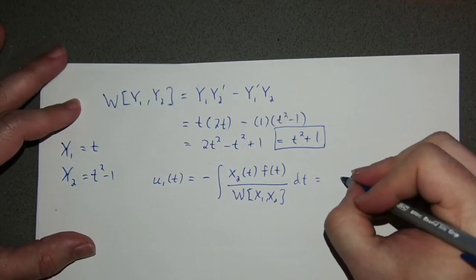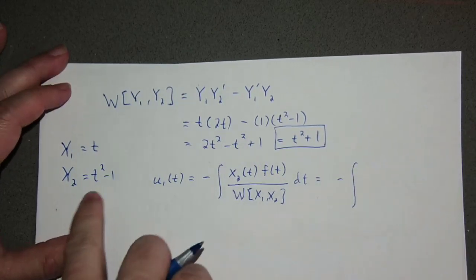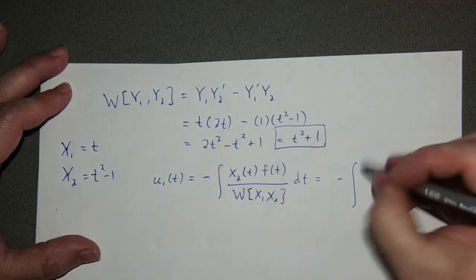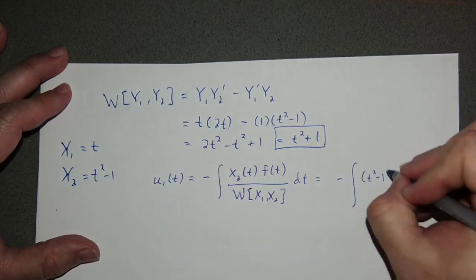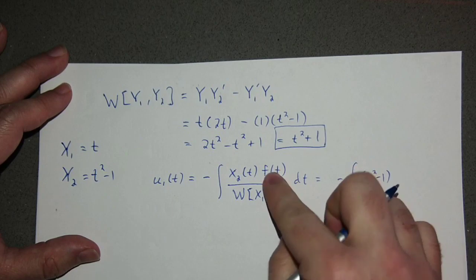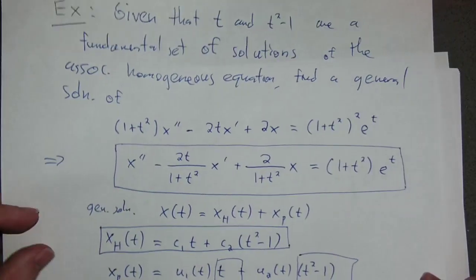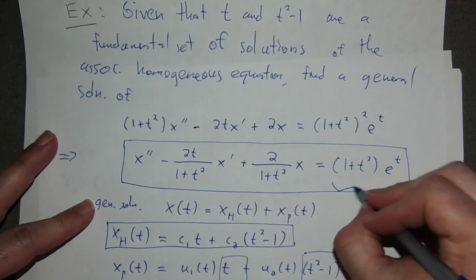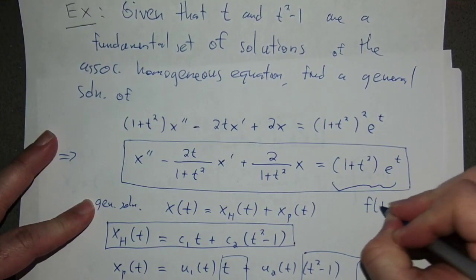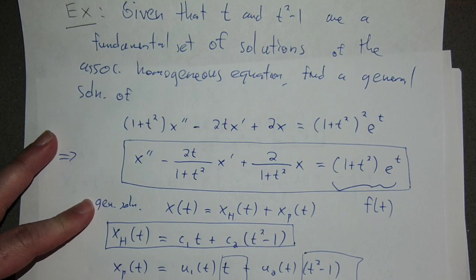So this is minus the integral of x sub 2, which is t squared minus 1, times f of t. Let's remember what f of t was. Oh, there. Here's f of t.